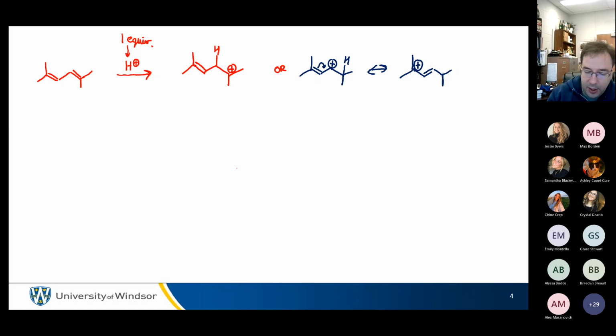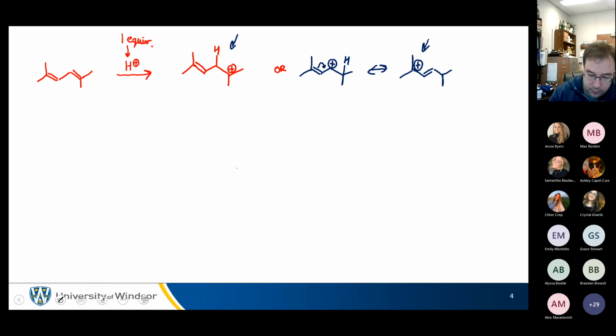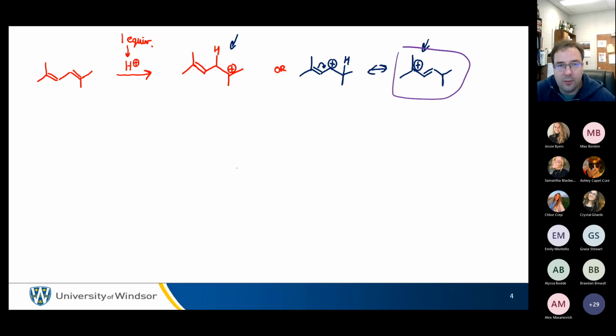But let's say we compare this guy here with this guy here. What do you think the relative stability of, call it purple, blue? Then, yeah, okay. So what do you think the relative stability of purple versus red?